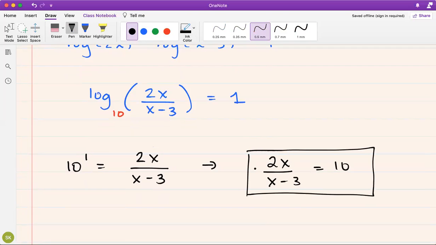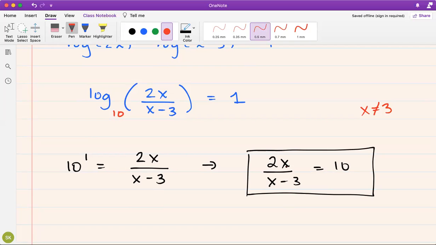To solve this, the first thing I have to notice is that x cannot be 3. Why can't it be 3? Because if I put 3 in the denominator here, I'm going to get 0, and I can't divide by 0. So when I solve this, if I happen to get the number 3, then I'm going to throw it out. Because if I get 3, then I wouldn't actually be able to plug into the equation.